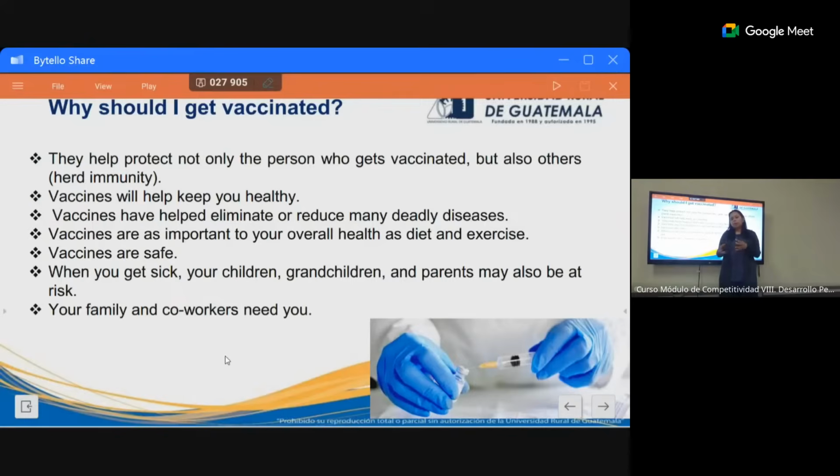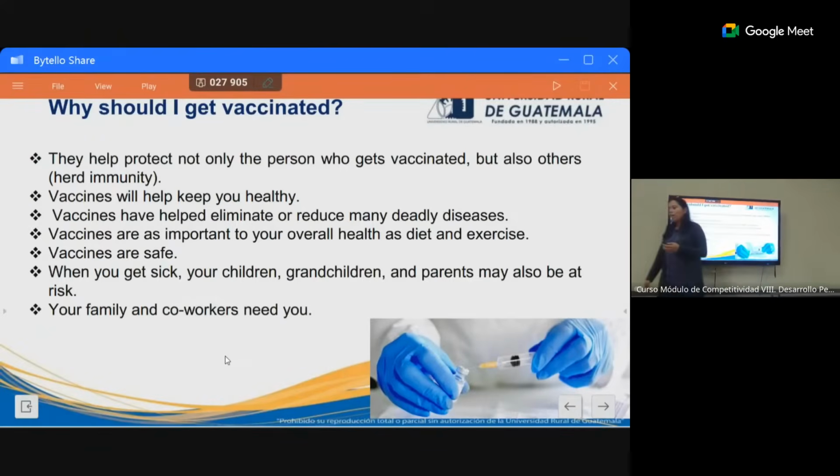I know that when you remember the pandemic, a lot of people were really very afraid. They didn't want to get vaccinated, and they are still alive, because that was the time when they were doing it at first. But vaccines are really safe. You don't know, probably you might prevent death.